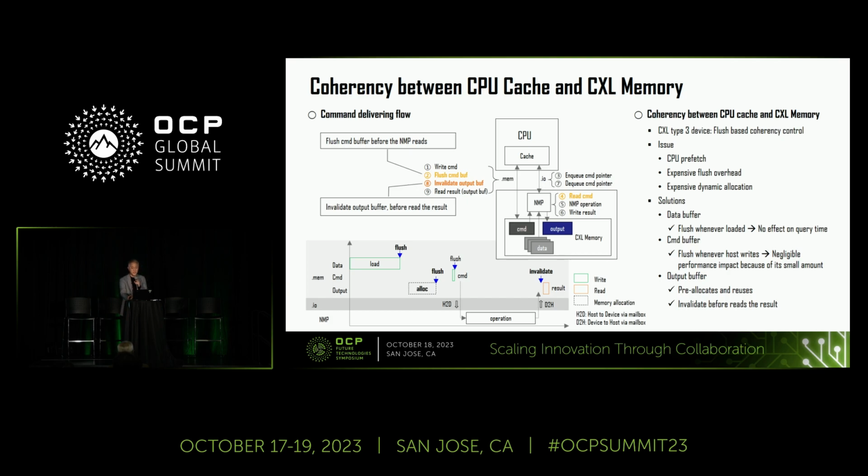However, an issue arises due to the CPU prefetch mechanism, potentially causing corruption, especially in the output result from the near memory processing engine. To mitigate this problem, we need to execute flush or invalidate operations repeatedly, but these instructions are expensive operations, as you know. So we should explore the optimal point for executing these flush or invalidate operations to minimize the performance impact.